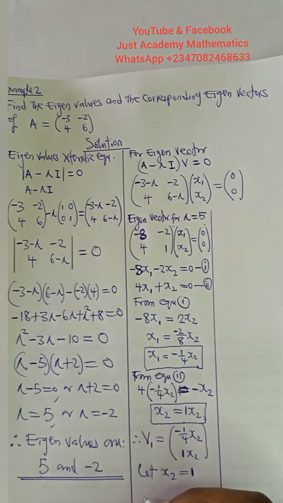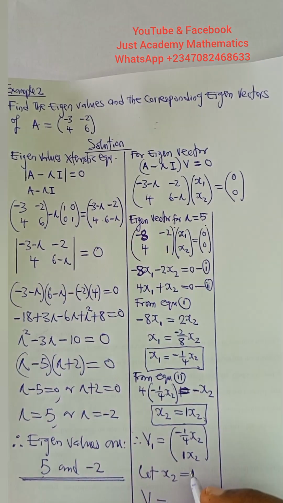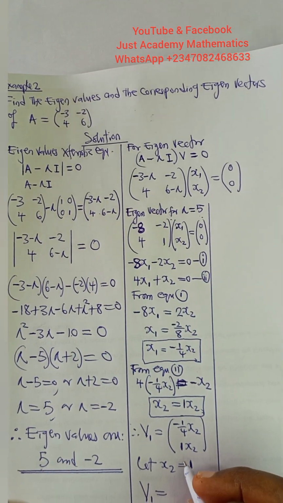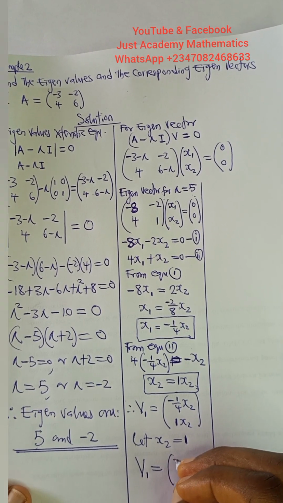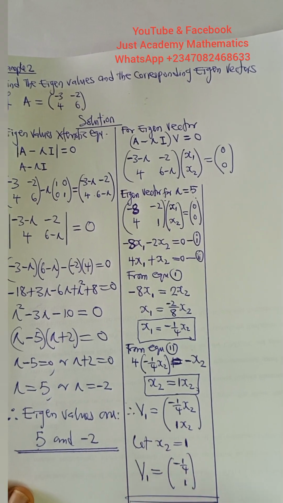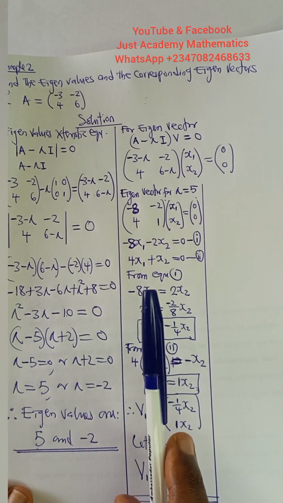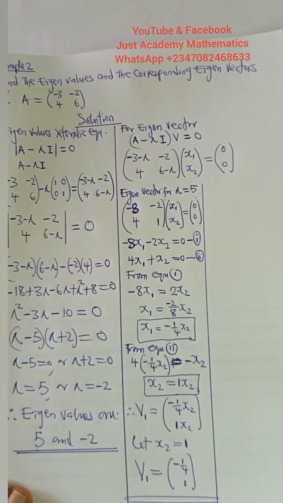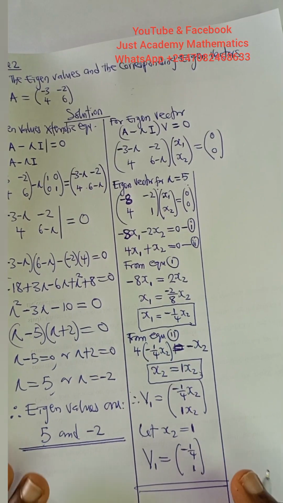If the x2 is 1, then v1, the corresponding vector for 5, will now be minus 1 over 4 and 1. This is the corresponding vector to the eigenvalue of what? 5. Is that clear?